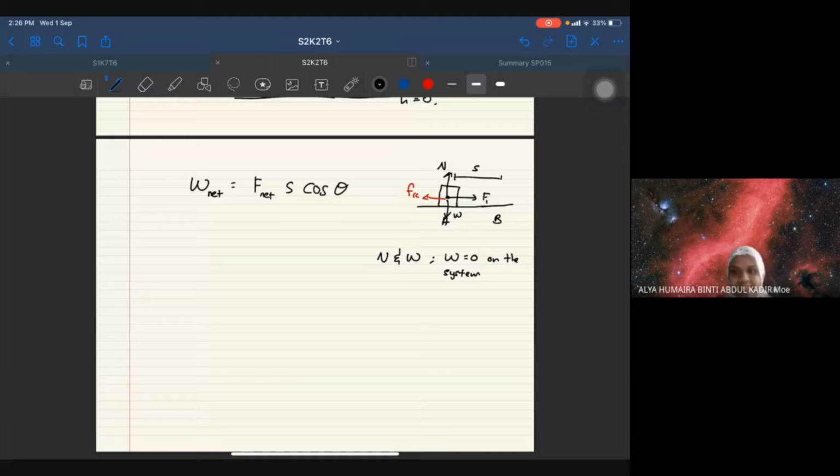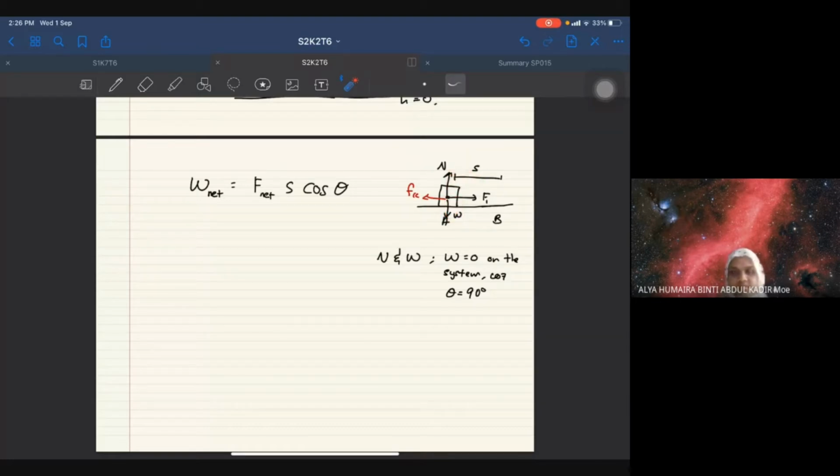Sebab theta dia equals to 90. Macam mana theta tu equals to 90? Because if you look over here, the N is directly upwards, perpendicularly upwards to the S. Okay, so it's 90 degrees. While weight is downwards and 90 degrees to the S.